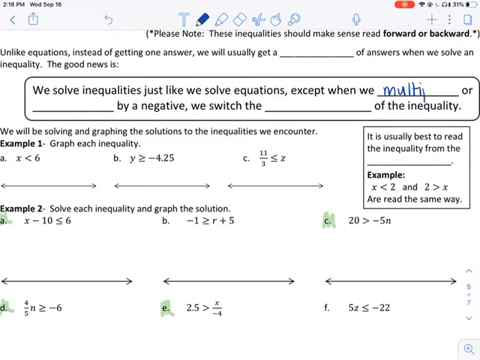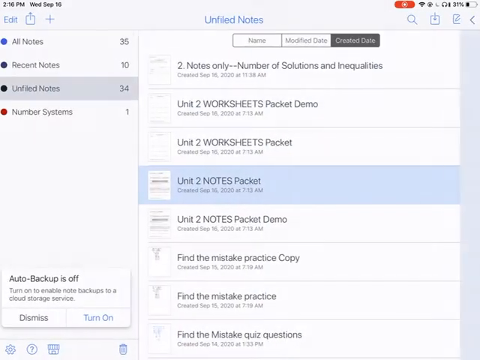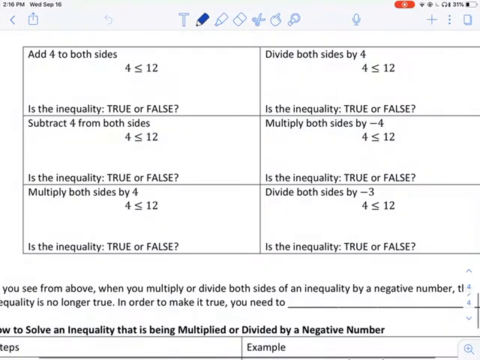That's our one special case. And when we do that, we're going to switch the direction of the inequality. So instead of reading less than, it will now read greater than. I'm going to show you why this is true.